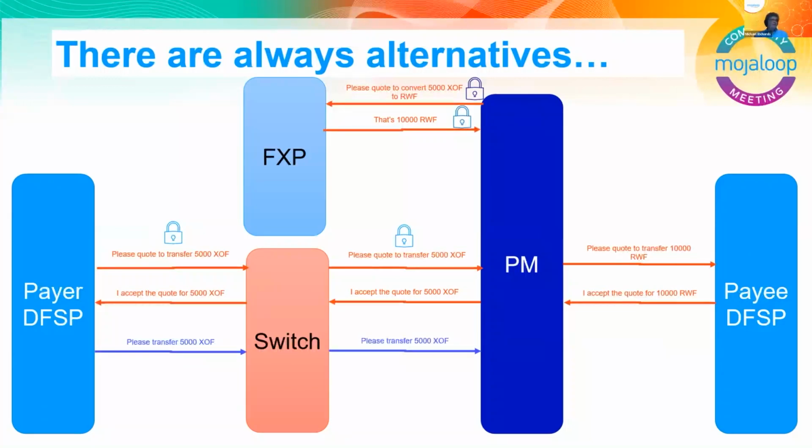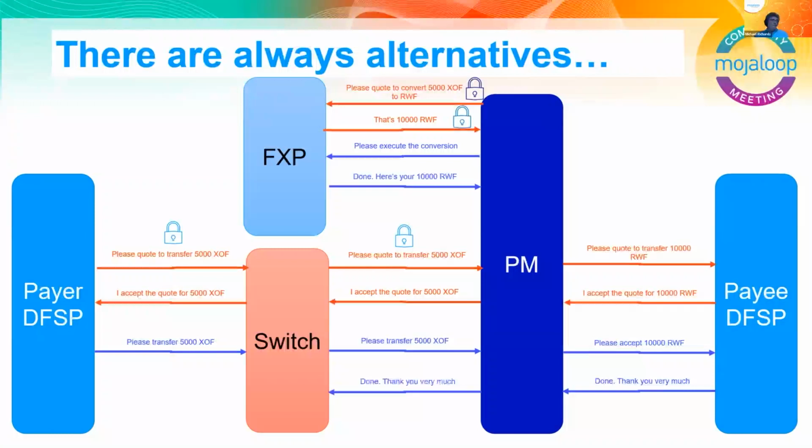That goes through. The payment manager now asks the foreign exchange provider to execute the conversion. That's done. You can accept the payment of 10,000 Rwandan francs. And now everything goes back in the form that you would expect. So that's an alternative way using payment manager where you could get the same result.